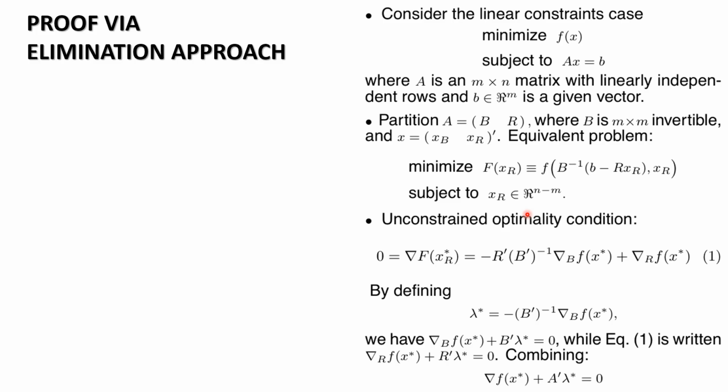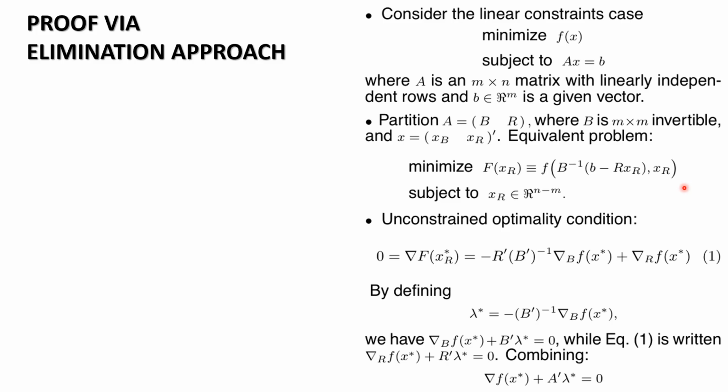We would like to eliminate the constraints, so we substitute xB into f, and we will receive, as I told, some new constraint set. And now we have received an unconstrained optimization problem.